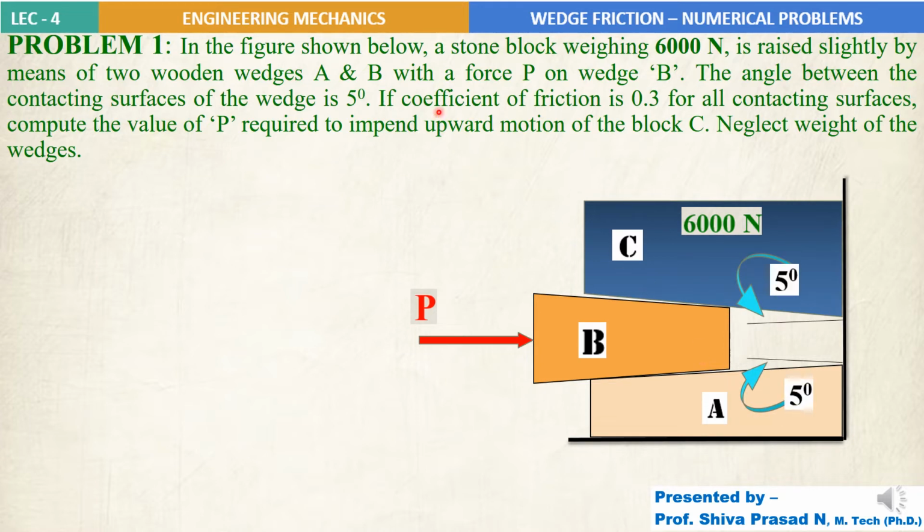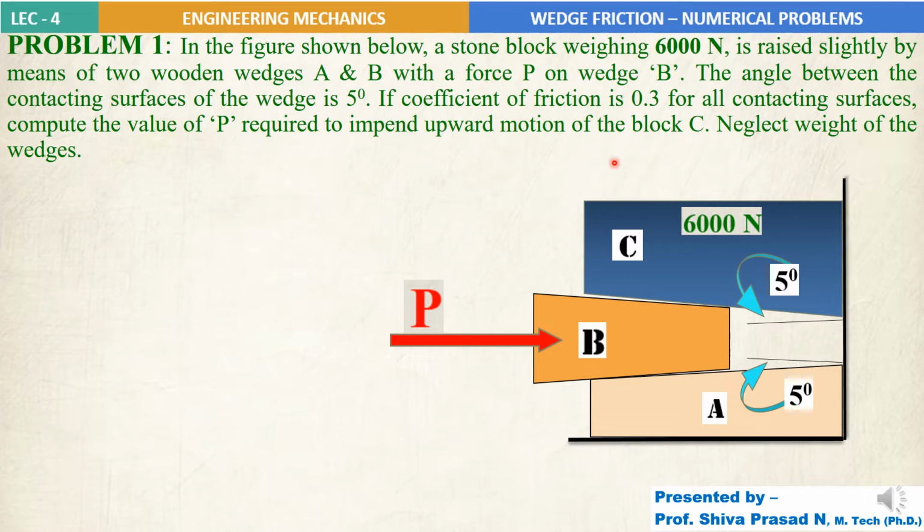And if the coefficient of friction is 0.3 for all contacting surfaces, that is, the mu value is given as 0.3, compute the value of the force to be applied, that is P, to overcome the upward motion of the block C, that is, to lift this particular stone block C. What is the value of force P to be applied on the wedge B?